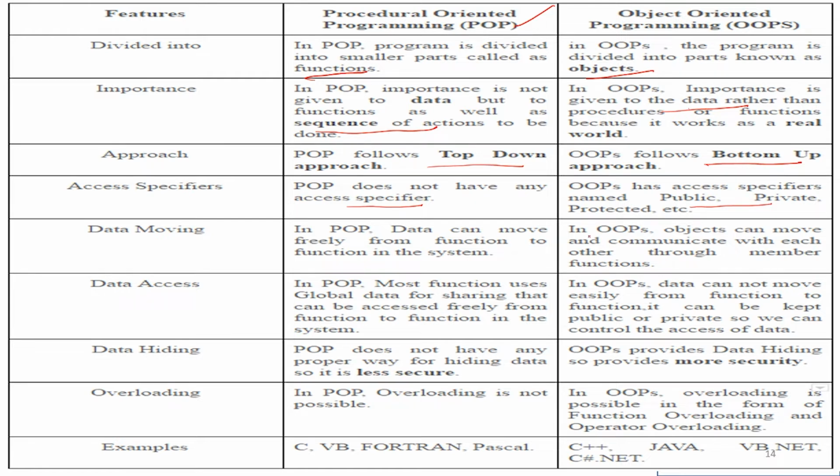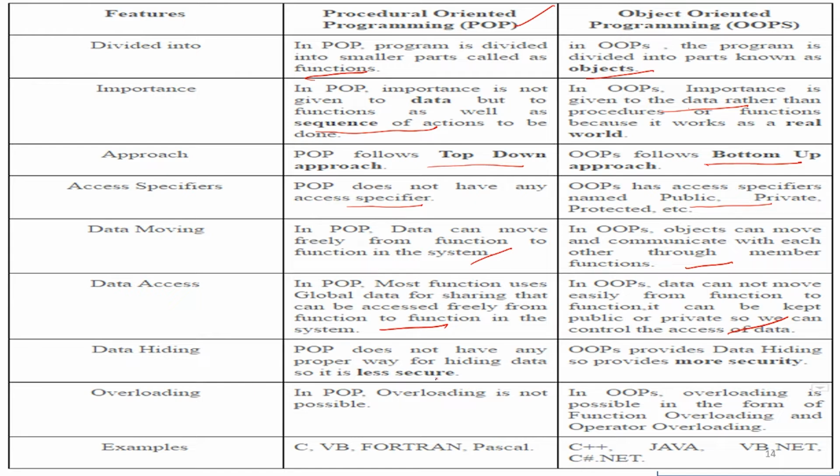In POP, data can move within functions easily, but in object-oriented, data is moved through functions. In POP, data access is easy and data is freely available, but in OOPS, we can provide protection of data using these access specifiers.